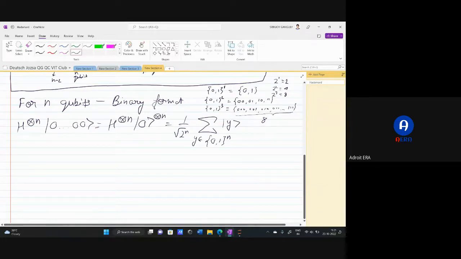So Hadamard tensored n applied to a general state, let's say |x⟩. Not a 0, not a 1, nothing, just a general state |x⟩.